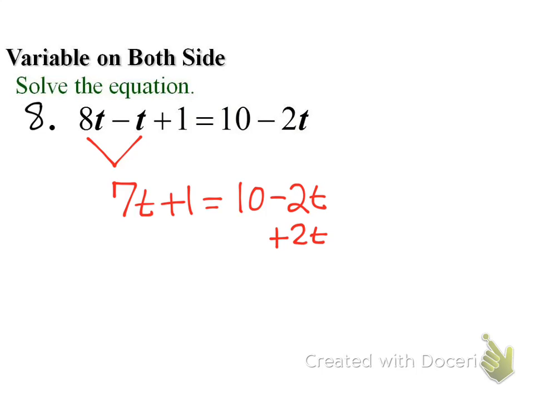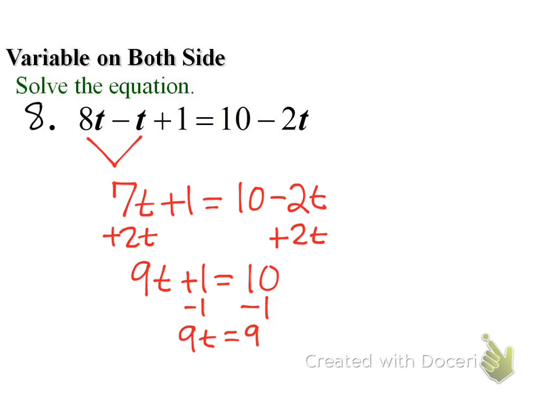Good, add 2t to both sides. I'm coming up with 9t plus 1 equals 10. Subtract 1. Again, this one's going to work out pretty nicely. I'm getting t equals 1. Anyone agree? Great.